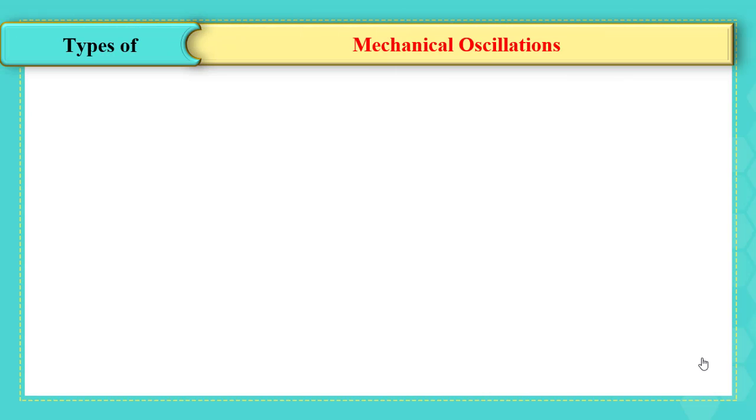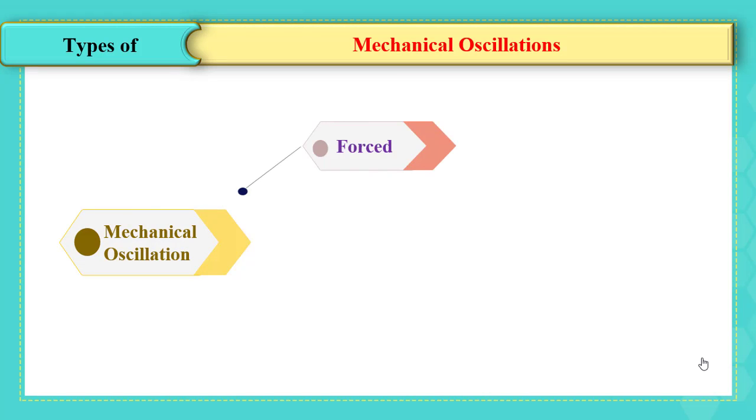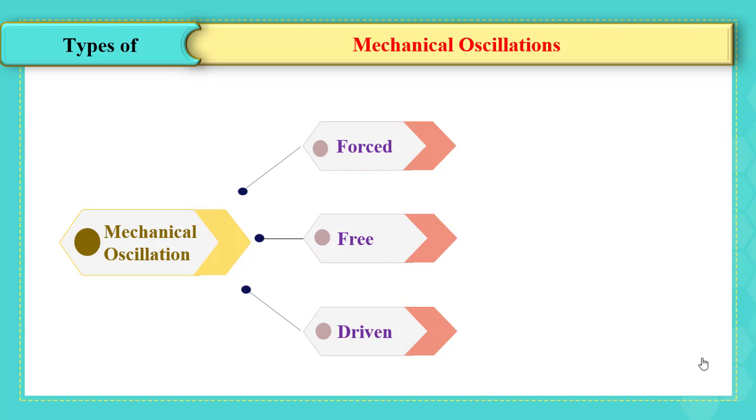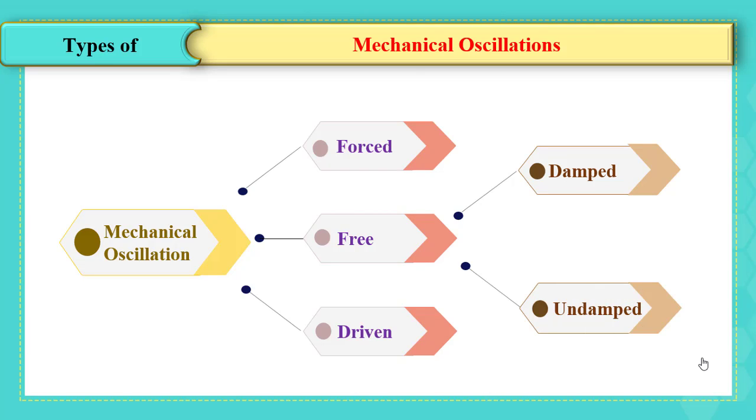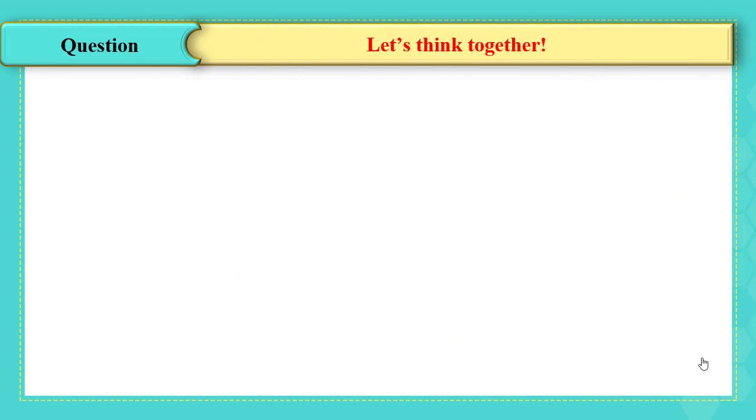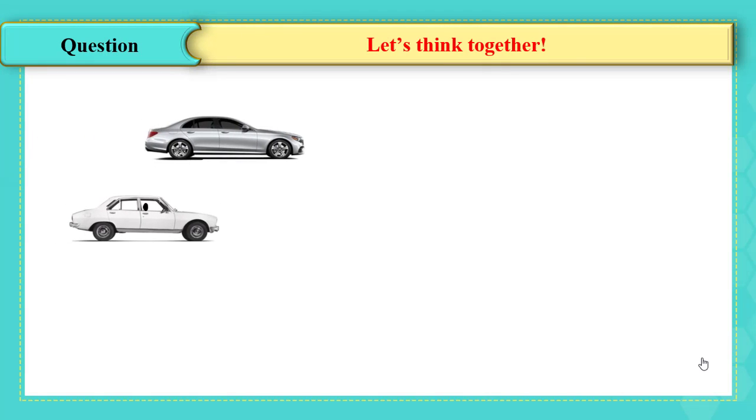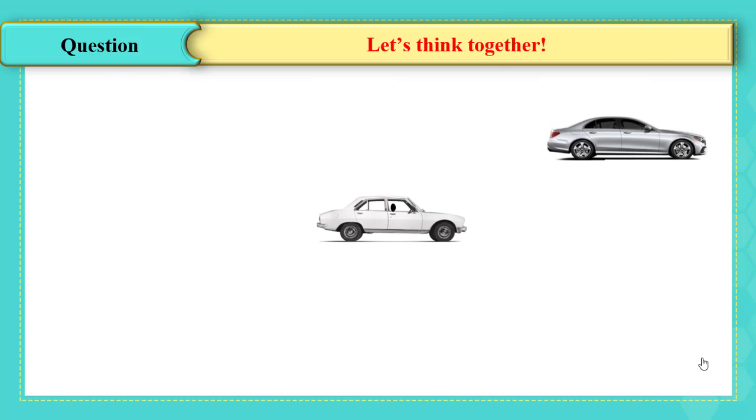Mechanical oscillations or oscillatory motions can be classified into 3 types of oscillations: forced oscillations, driven oscillations, and free oscillations, which are either damped free oscillations or undamped free oscillations. I would like to ask you a question, and mainly those who have tried riding an old car and a modern car will answer.